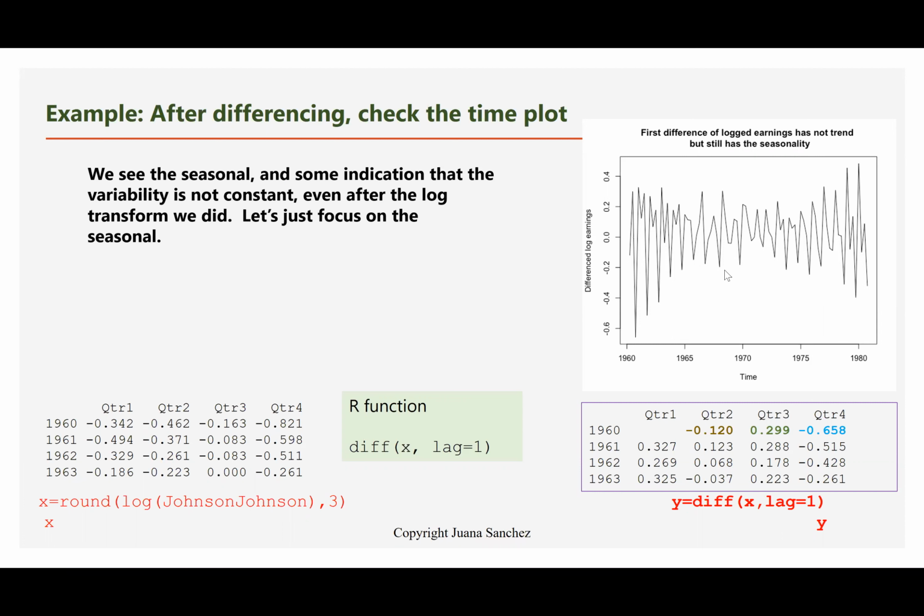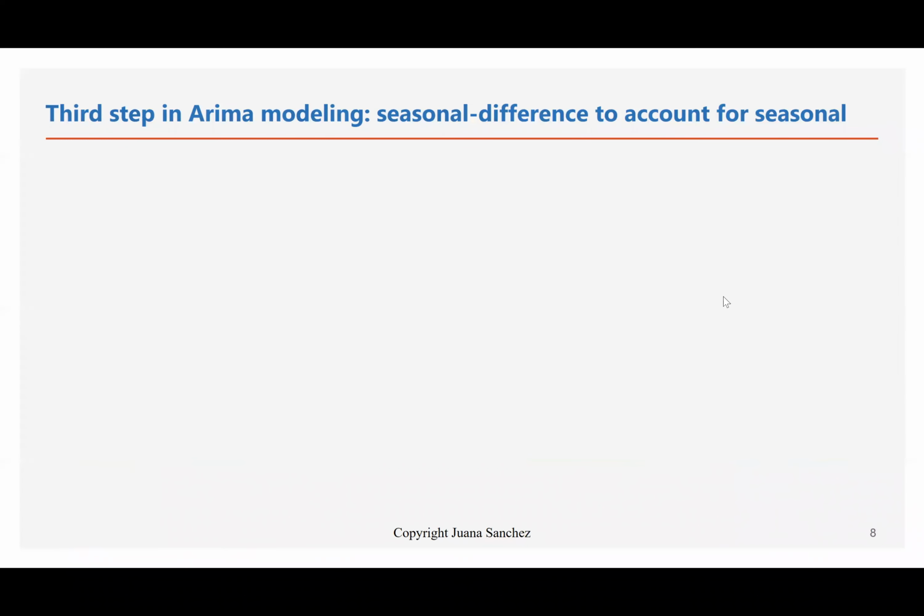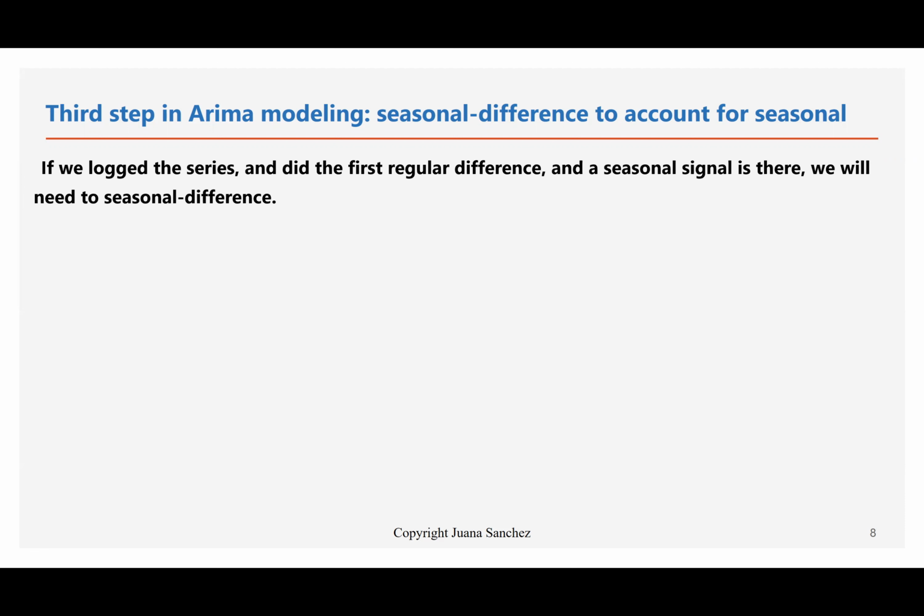So we see some indication of seasonality, okay? Let's just focus on the seasonal part. The third step in ARIMA modeling, if there is seasonality in the time series, will be to do seasonal differencing to account for it.